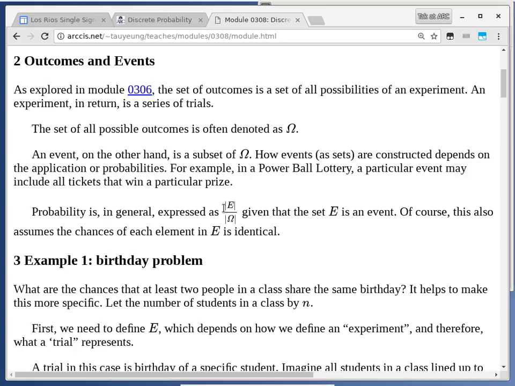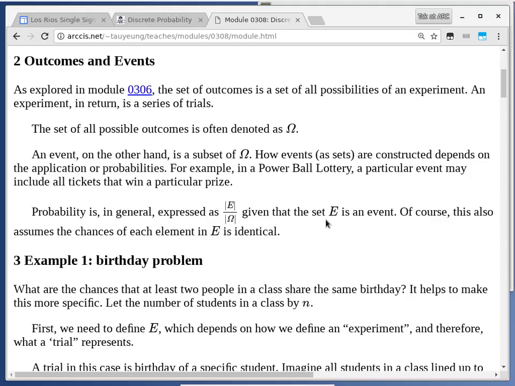I just spent a whole dollar and I'm not getting anything back. What is the probability of that? Your event is up to you to define, depending on what you are interested in, but omega, on the other hand, is not up to you to define. Omega is the set of all the possible outcomes. So are we clear on the concept of what is an event and what is omega?